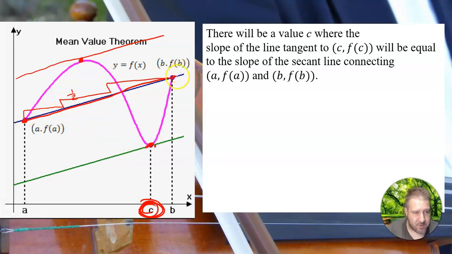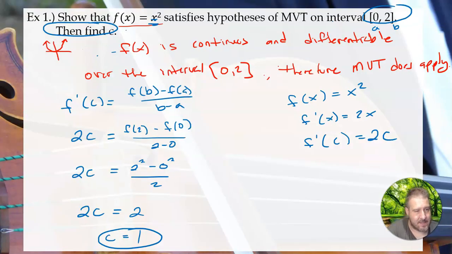The blue line was the average rate of change, and this green line happens to be the tangent at point C. And it happens to also be parallel at this point right here. That's all that MVT is basically saying: if a function is continuous and differentiable over the open interval, then it must have the exact same slope at least once somewhere in the middle of the function.